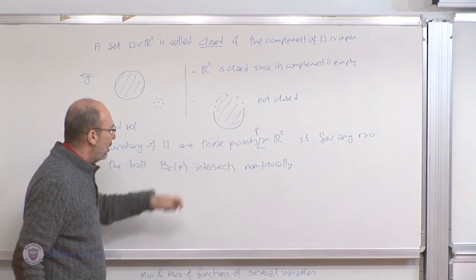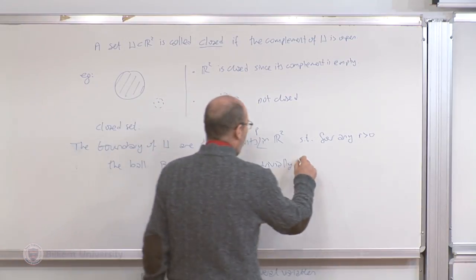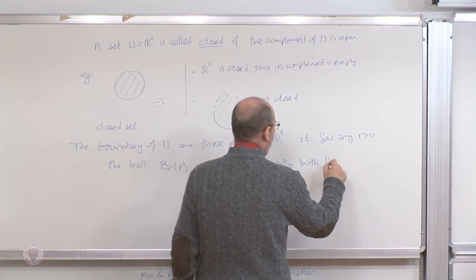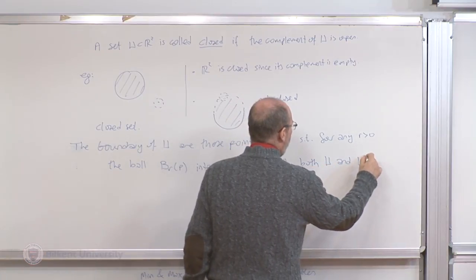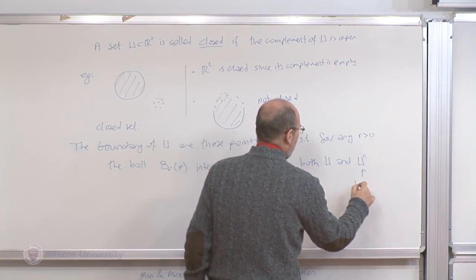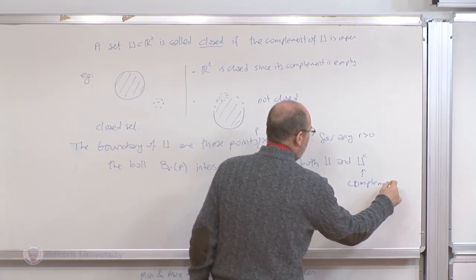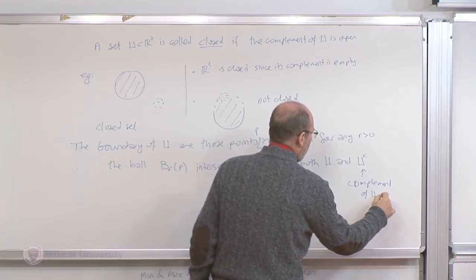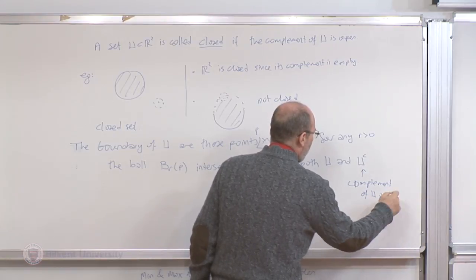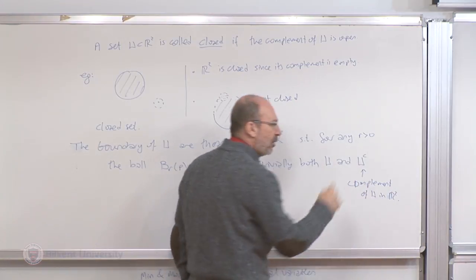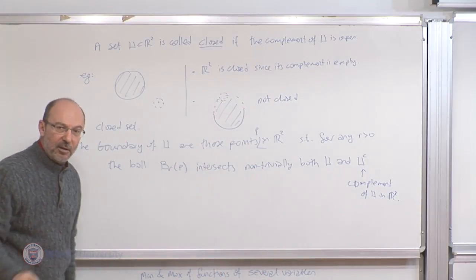Okay, so this intersects non-trivially both U and U complement. You put a C here. This is the complement of U in R2. Okay, so complement means all those points that are not in that set.